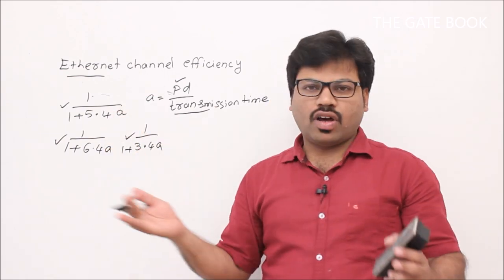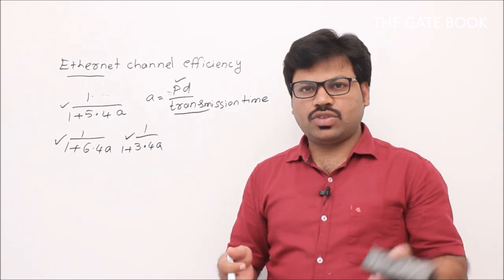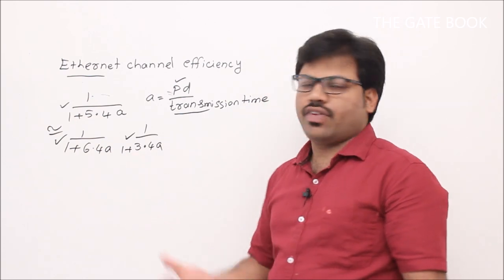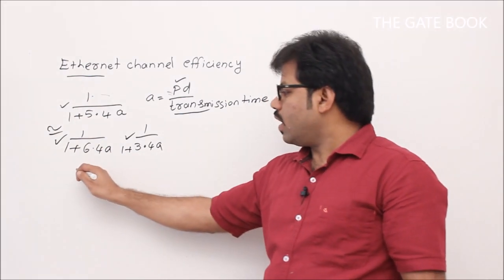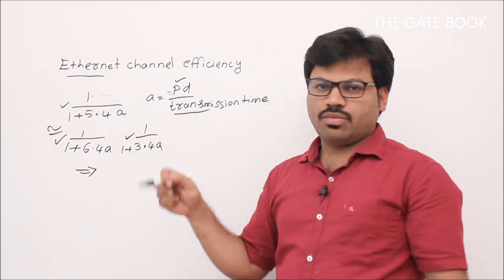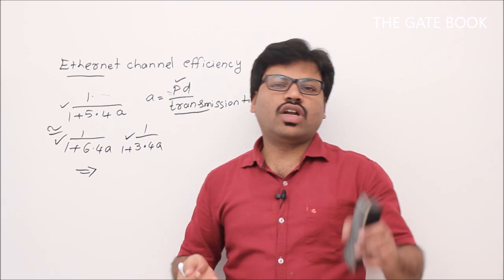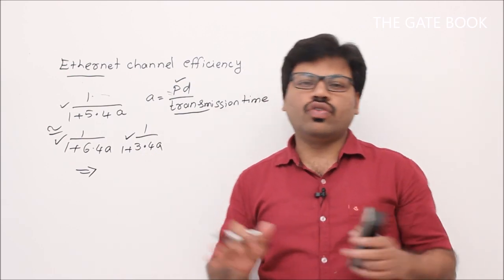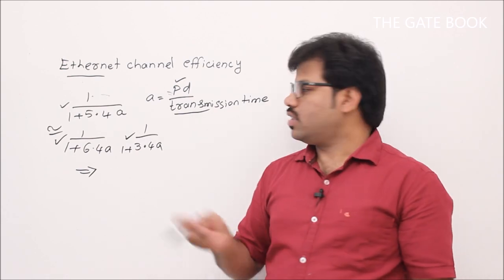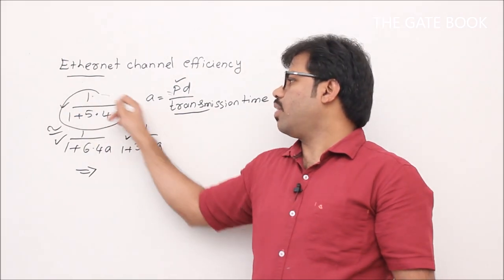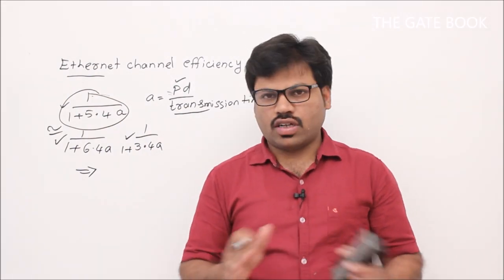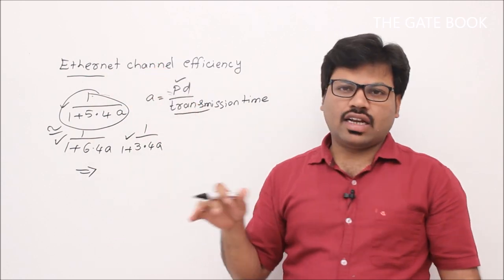There are multiple formulas, each with some assumptions, and approximately all are the same, with only a minute difference. Second thing, in the GATE exam they definitely don't ask questions related to channel efficiency because of this controversy. They don't ask ambiguous questions, so don't worry about it. If at all they ask in the GATE exam, then go with 1 by 1 plus 5.4a. Anything is not a problem, but 100% they don't ask. This is about Ethernet channel efficiency.